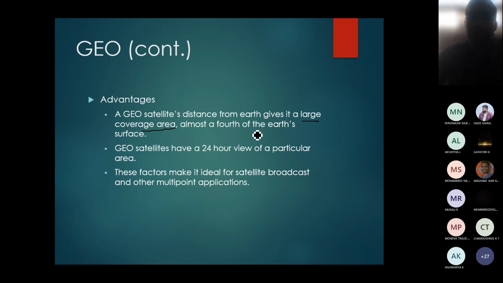Almost a fourth of the Earth's surface can be covered. Geosatellites have a 24-hour view of a particular area. Because they are synchronous, they are relatively stable. So 24 by 7, they have proper alignment from the Earth to the satellite.